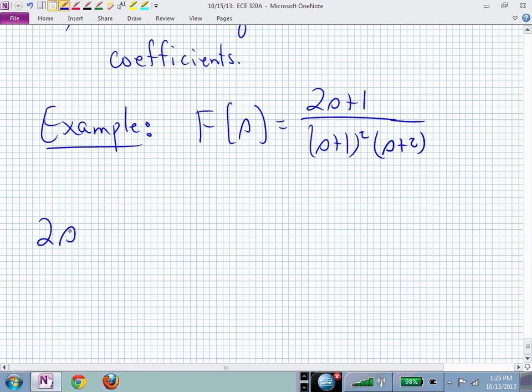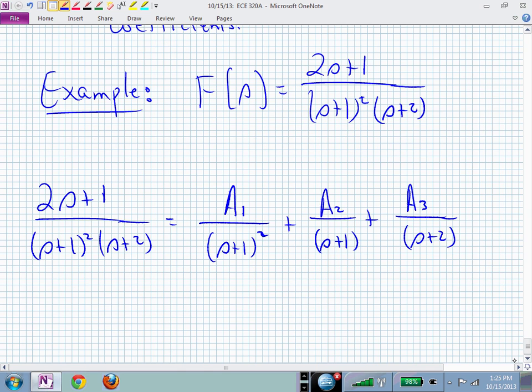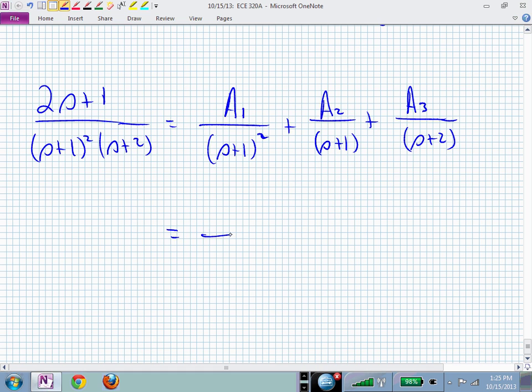So now we have (2s plus 1) over (s plus 1) squared times (s plus 2) equaling a1 over (s plus 1) squared plus a sub 2 over s plus 1 plus a sub 3 over s plus 2. And the first step is to actually put all of those terms on the right over the same common denominator that's on the left.